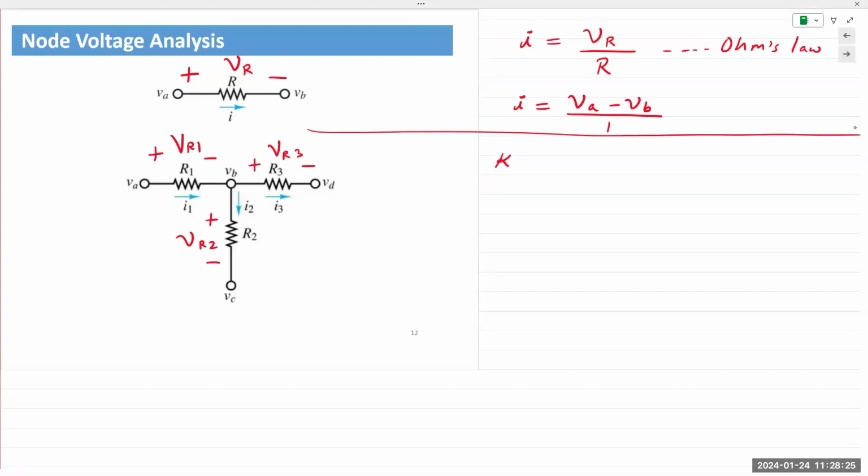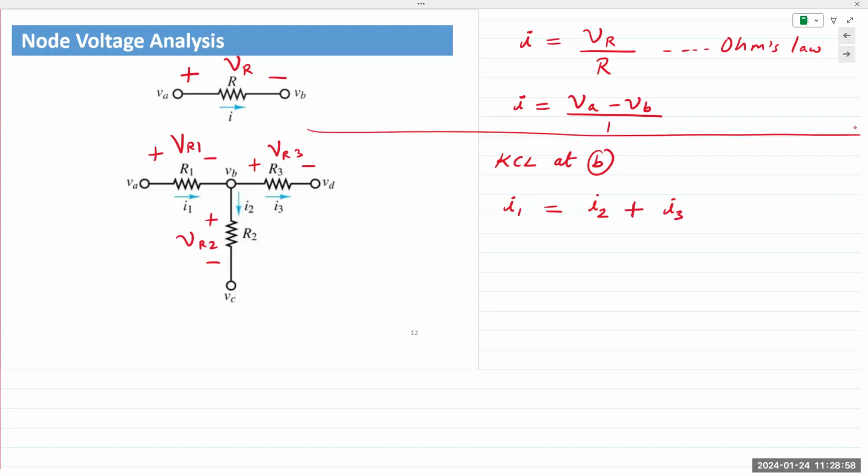If I apply KCL at node B, I would obtain the equation I1 equals I2 plus I3. So first step is KCL.